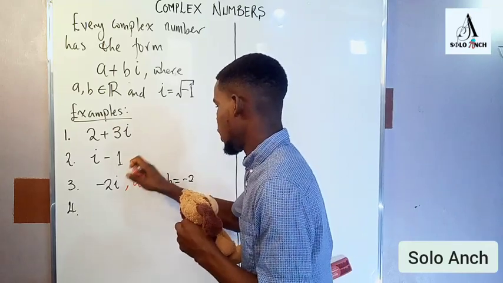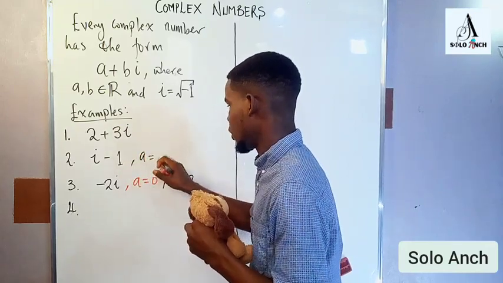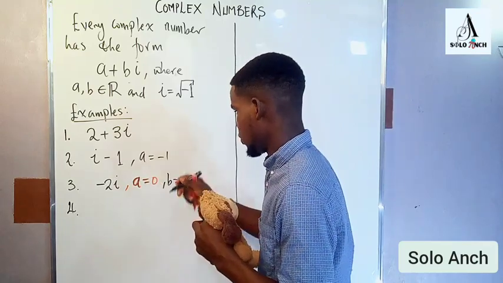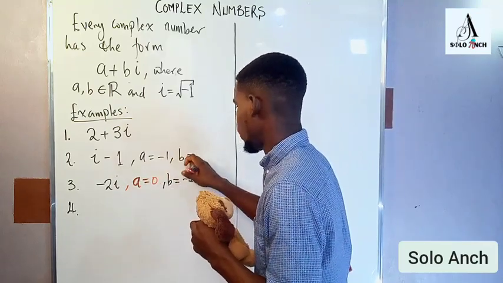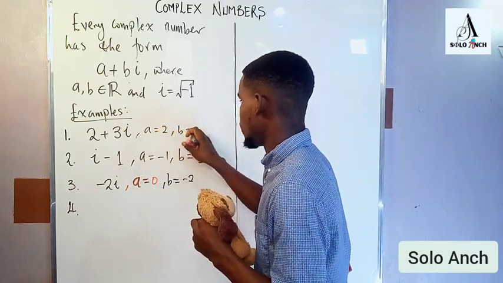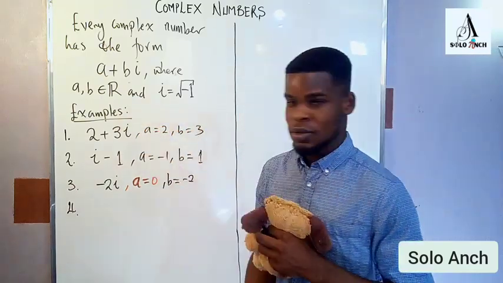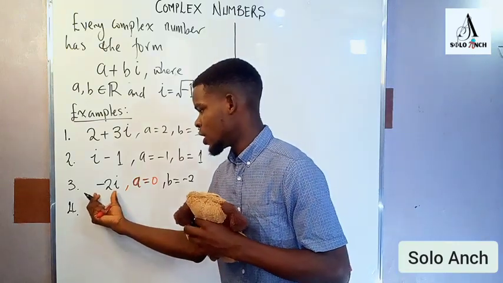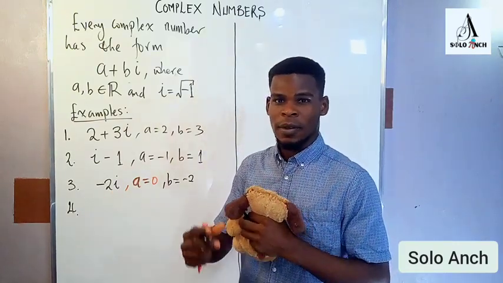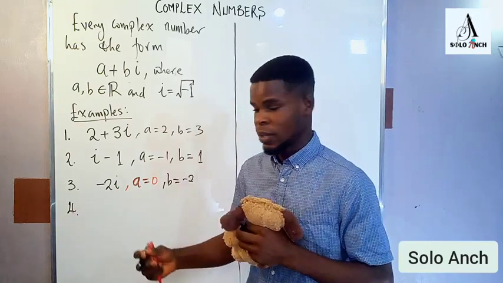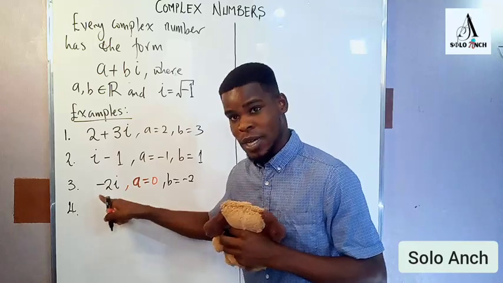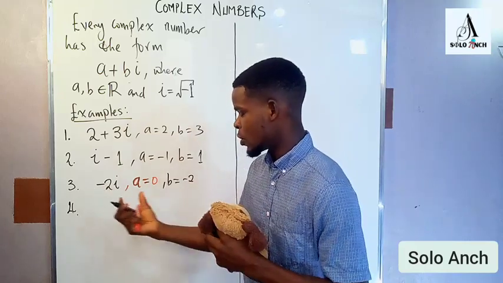Here we say that a is -1, and b is 1. For the first one, it's easy: a is 2, b is 3. But you can notice that this third one is one of the solutions we had after solving that equation we wrote in the first part of the board. It's one of the solutions we had, plus or minus 2i, as our solutions.